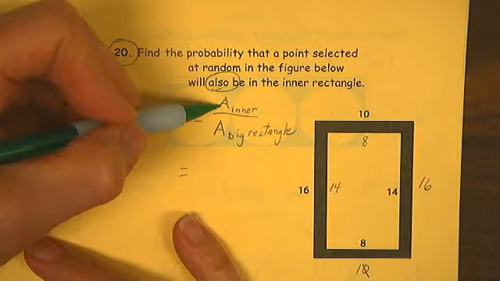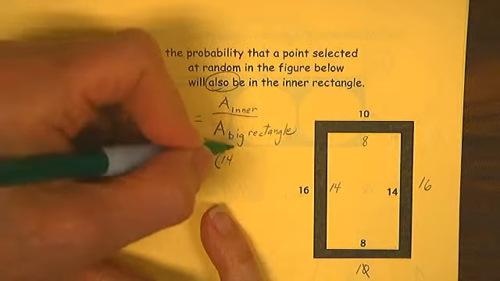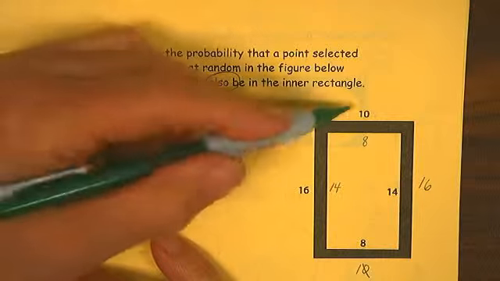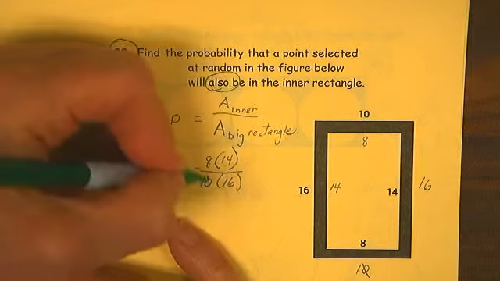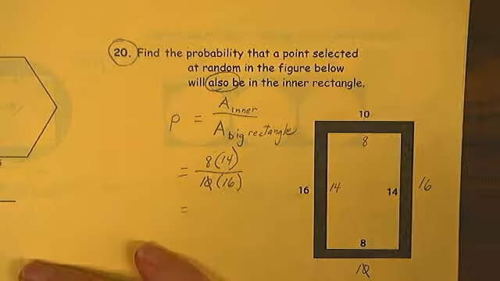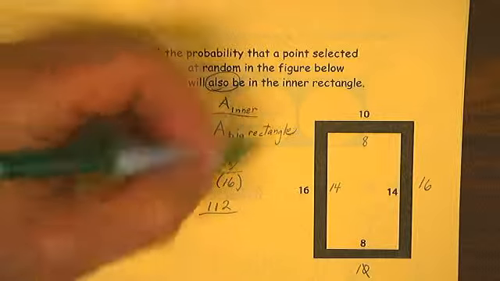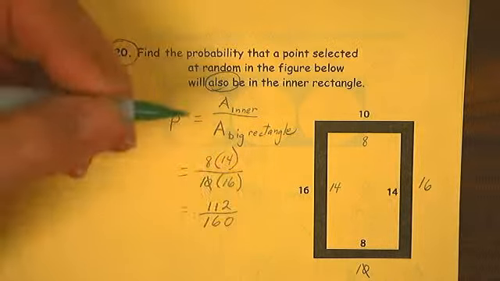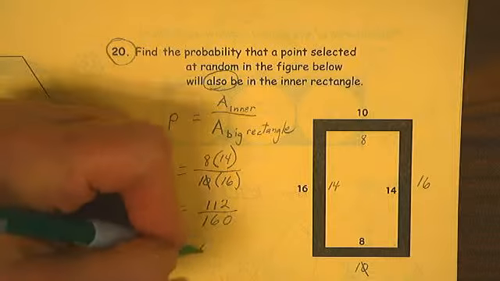My inner rectangle, the area of that is 8 times 14. The area of my big rectangle is 10 times 16. 8 times 14 is 112. 10 times 16 is 160. 112 divided by 160 is 0.7.